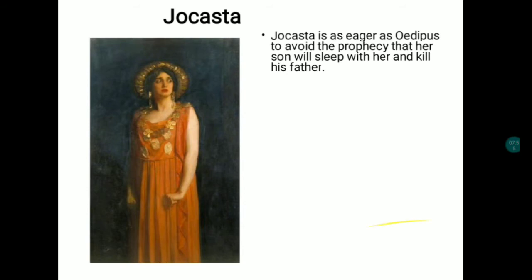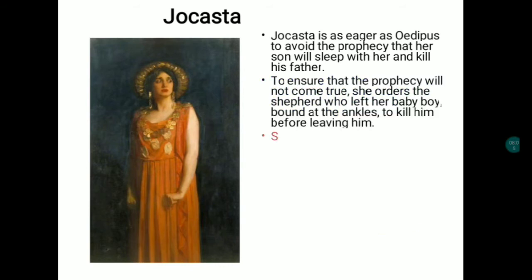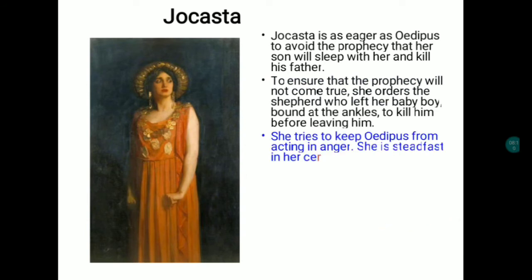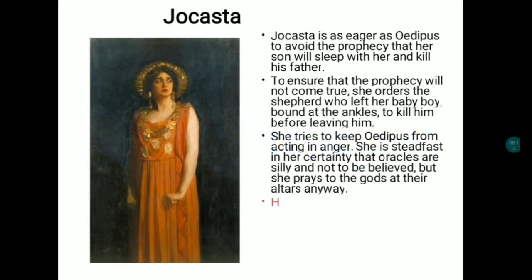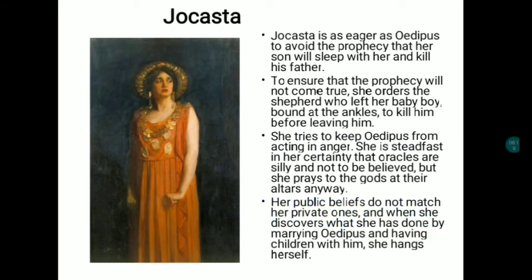If you talk about the character of Jocasta, at the very outset of the play she seems very moral, very ethical, and she always suggests to her husband, that is her new husband, Oedipus, that all the prophecies are meant to make people afraid, and nothing of them is real.